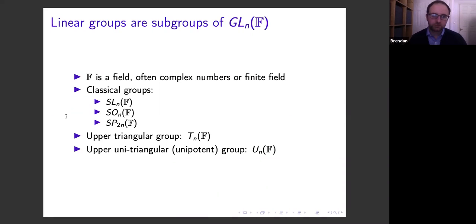These are all subgroups of some GL_N, and over the complex numbers they're closed. Two subgroups that are particularly important for this talk are the upper triangular group and the upper triangular unipotent group, which is the subgroup of the upper triangular group with ones on the diagonal. Okay, so those are some linear groups.